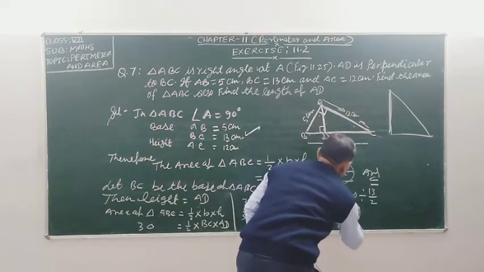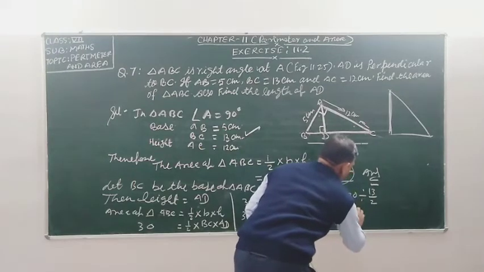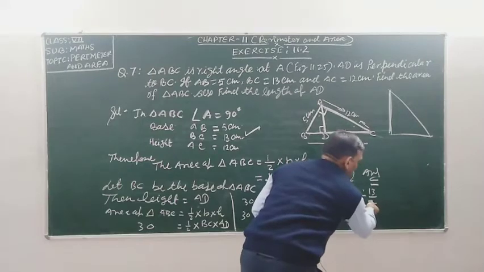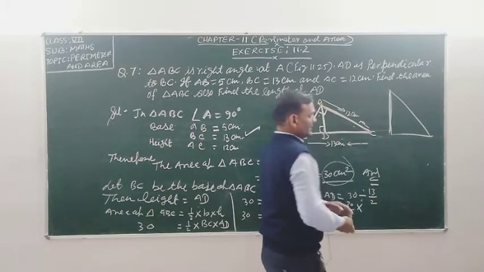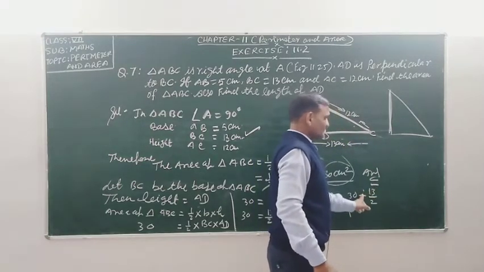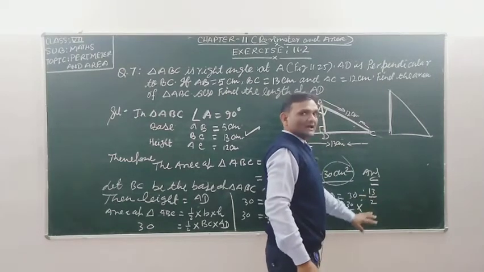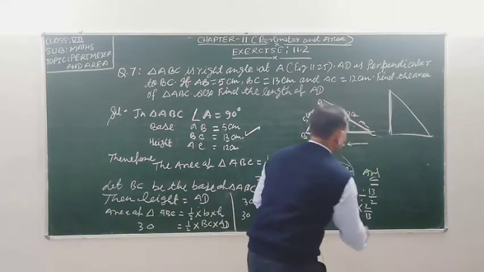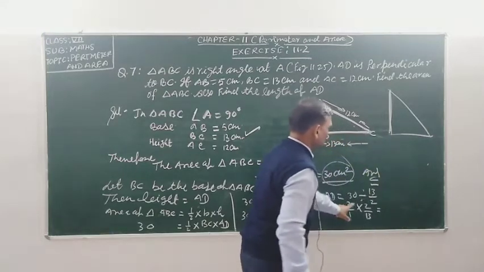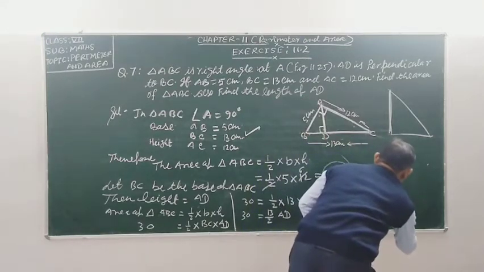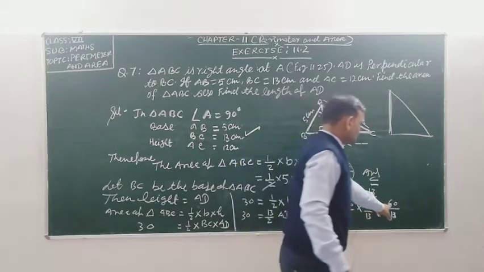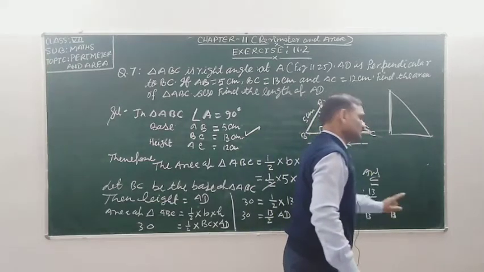And you know how to divide by a fraction? Division sign we change into multiplication sign, and the fraction written after the division sign we write its reciprocal, 2/13, and we get 30 times 2 is 60, 60/13.